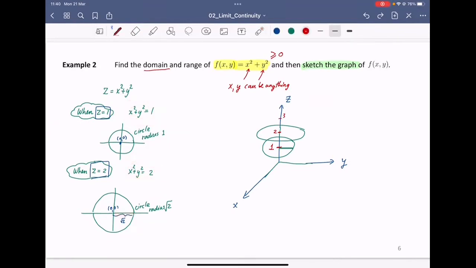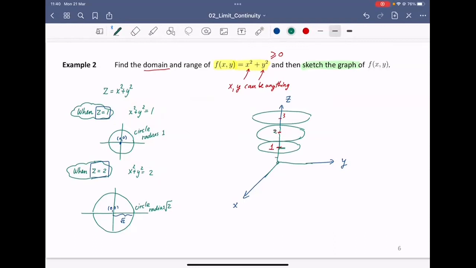You keep getting circles here. Maybe I need to be better at drawing the picture. This is c equal to 2, and this is c equal to 1.